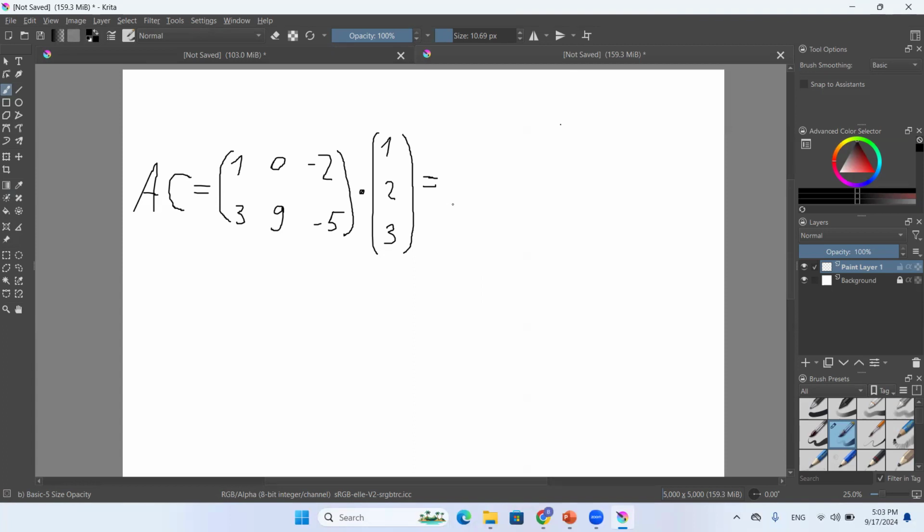It will have 2 rows and 1 column, so it will be a vector. We will have to calculate in detail, so let's calculate together.